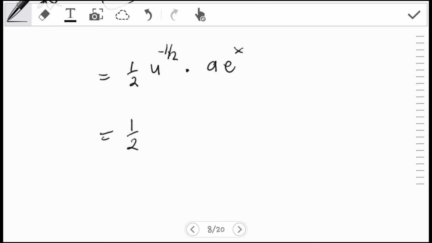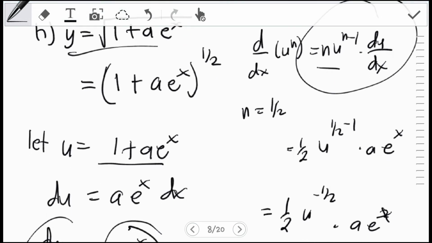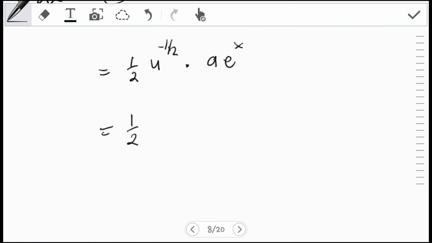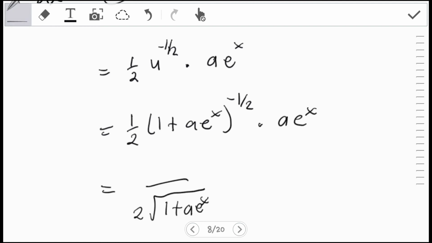Okay. So u is 1 plus e to the third x to the negative 1/2. Okay. So times the e to the third x, over 2 square root of 1 plus e to the third x. That is the final answer.